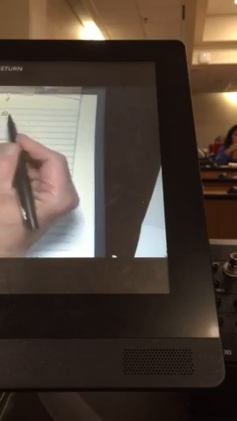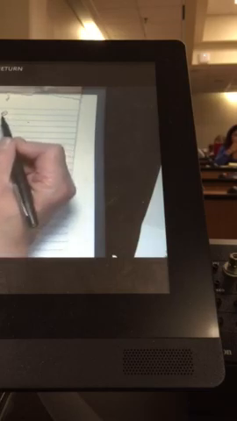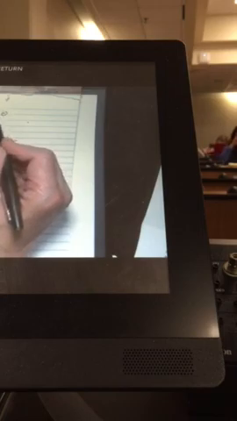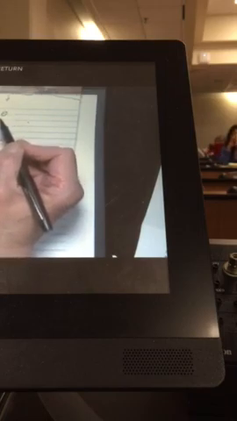Then increase theta, say by pi over 4. Cosine is square root 2 over 2, which is about 0.7, so r is about 2.7.